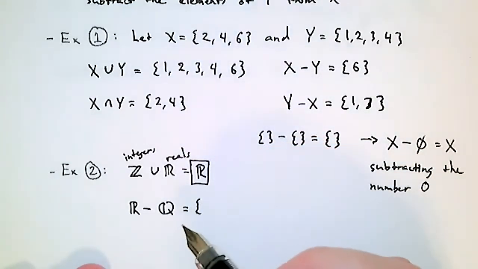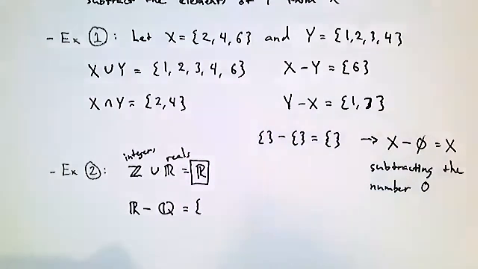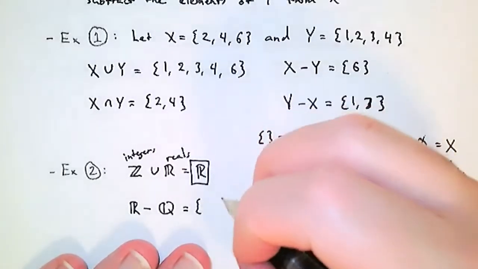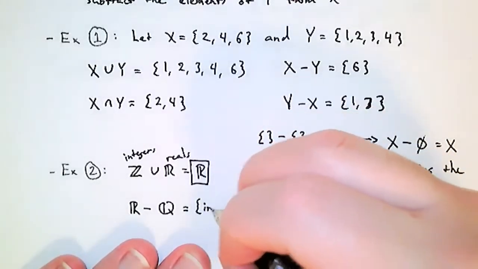Or, not 0, but an empty set? No. So what you need to think about are things like the number pi and the square root of 2, and those would still be left over. And someone just said in the chat that this would be the set of irrational numbers, and that's exactly right.